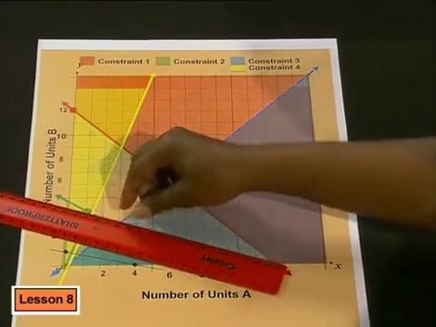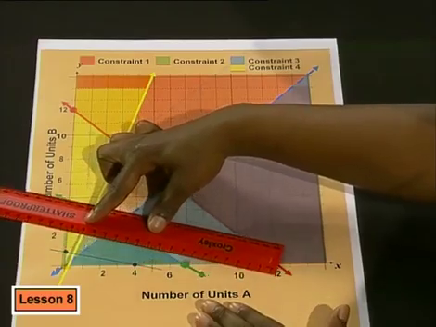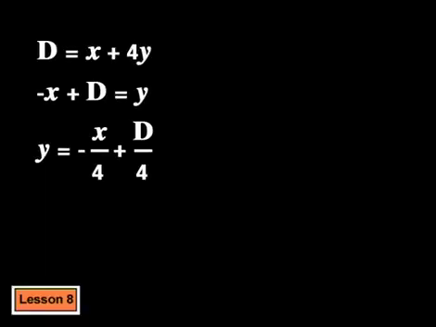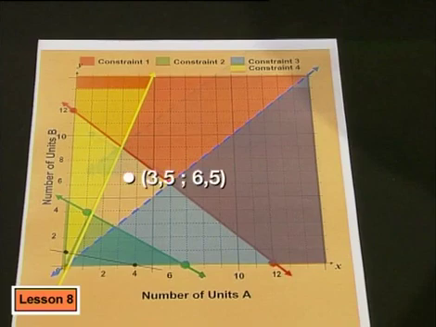As we slide the ruler like this, it passes through points that are possible in the feasible region. The y-intercept of the line has the value d divided by 4. We're looking for the point or points in the feasible region that have the smallest possible value for d divided by 4. Look at this point that the search line passes through.